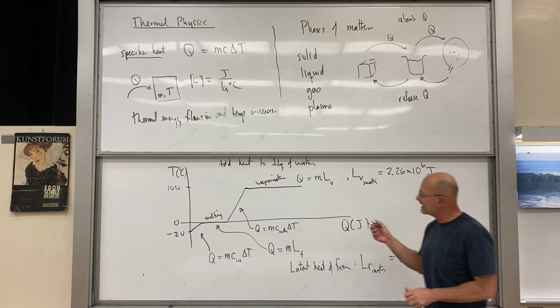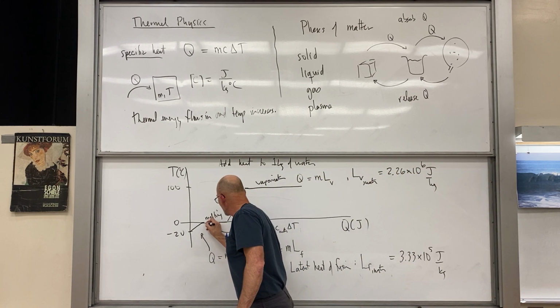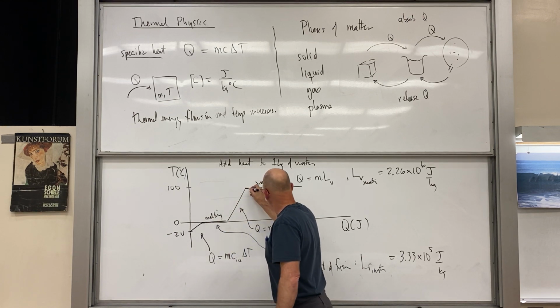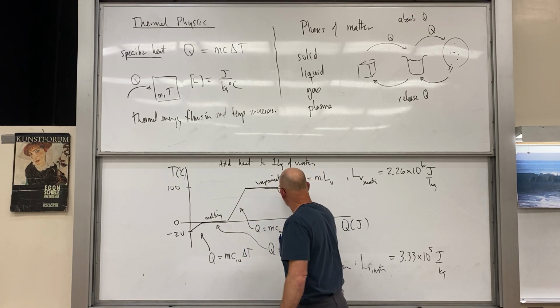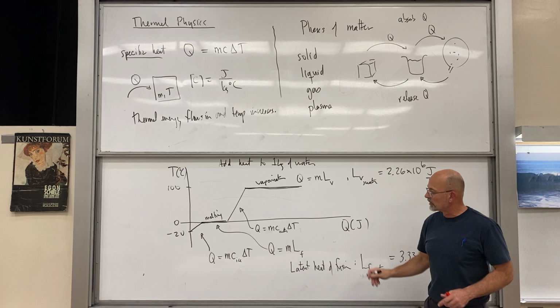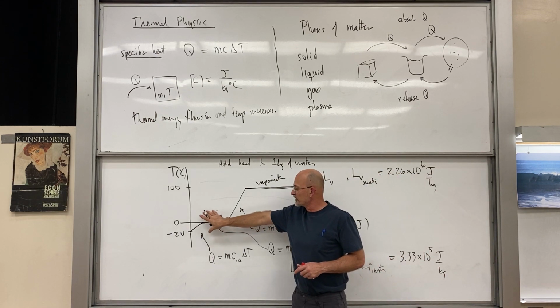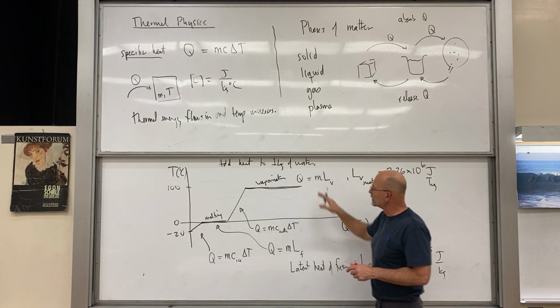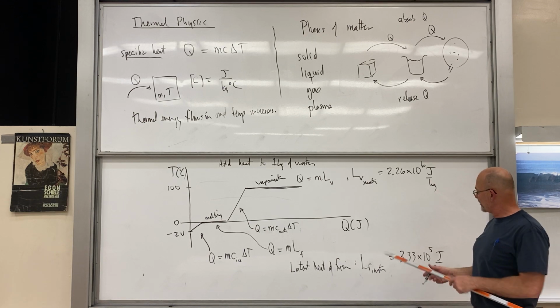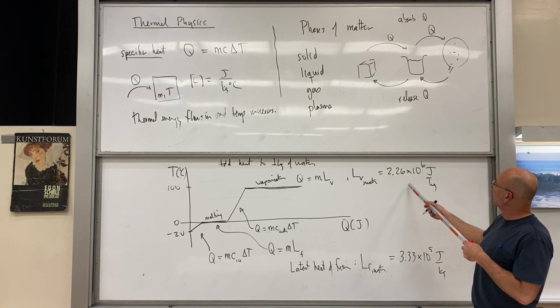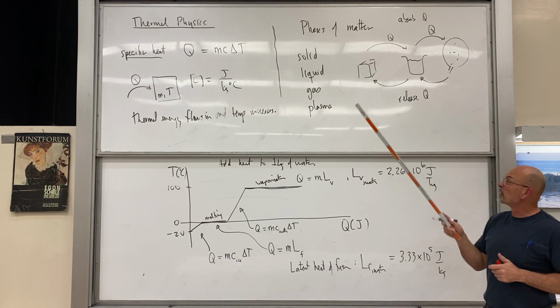Okay, so these latent heats are quite interesting because we're adding all that energy. We're not changing the temperature, but we are changing the structure. We're going from a solid to a liquid, and from a liquid to a gas. These are pretty enormous energy quanta, which is interesting also.